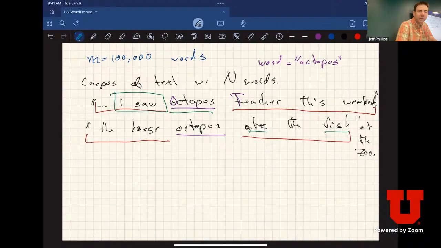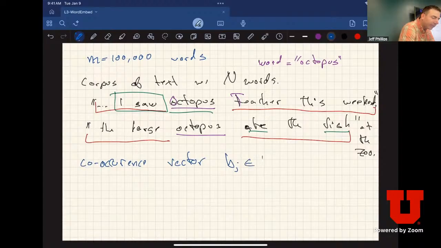So I'm going to keep a kind of co-occurrence vector, b_j, and this is going to be in R^m, and again m is going to be 100,000. This will be the first generation of these word vector representations.